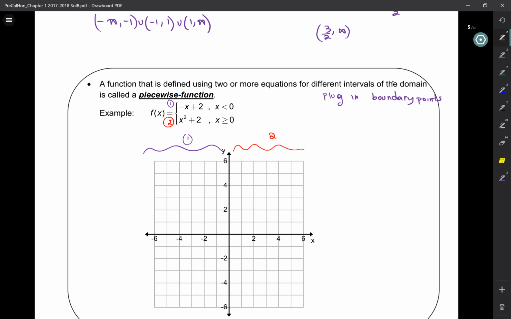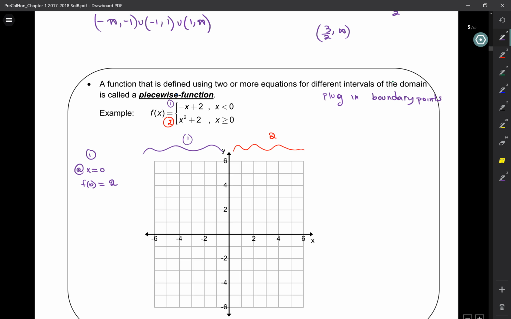You have less than 0, greater than 0. So we plug x equals 0 into the top function. At x equals 0, f of 0 is 2, the purple function. So it's 2.